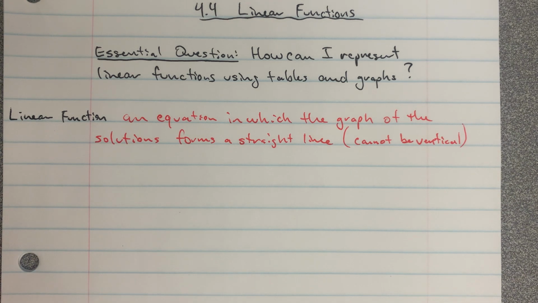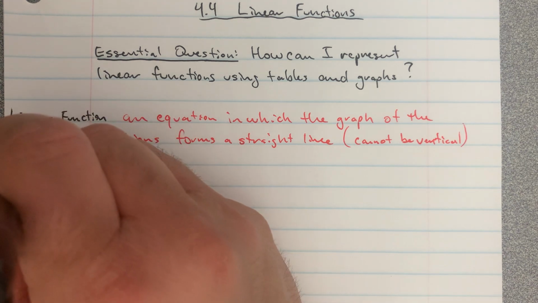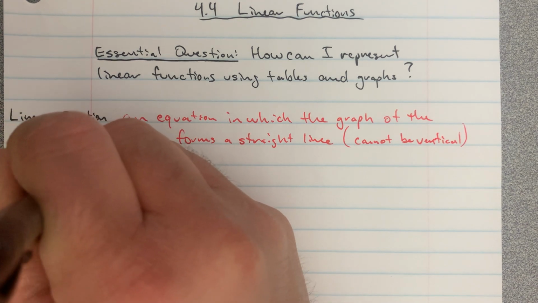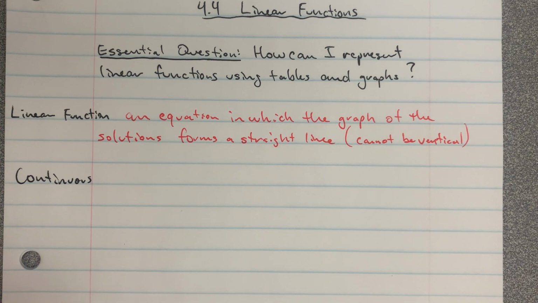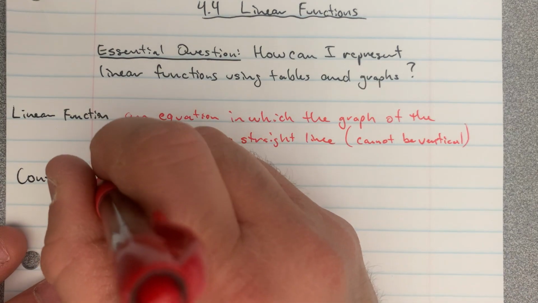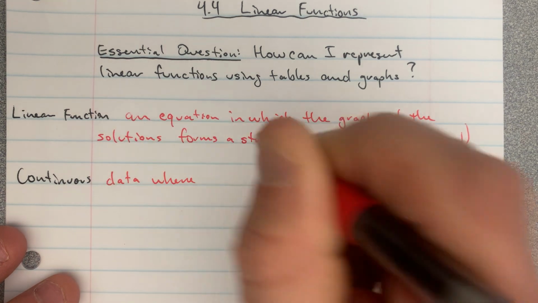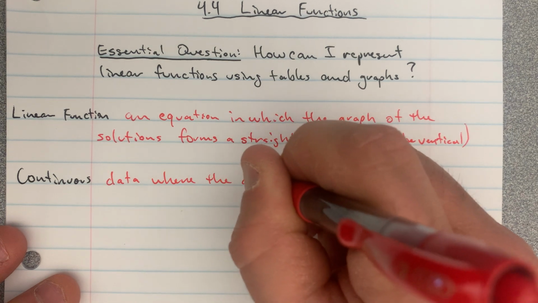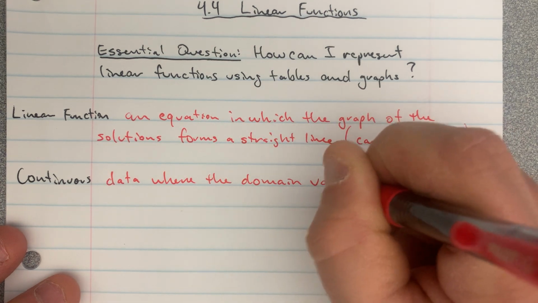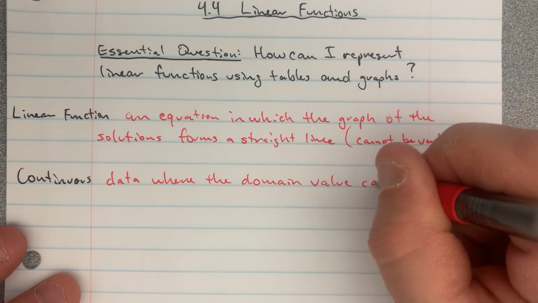The other part we're going to look at today is something called continuous and discrete. And these ideas get a little bit confusing, I'm not going to lie to you. Continuous is data where the domain value can take on any form.